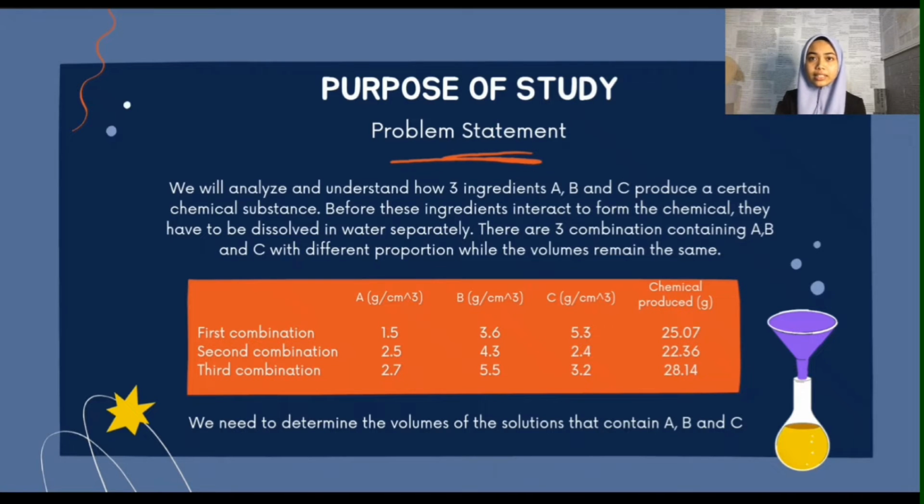Then, for the second combination, the proportions for A, B, and C change to 2.5, 4.3, and 2.4 gram per cubic centimeter and produce 22.36 gram of chemical. In the third combination, the proportions for A, B, and C respectively are 2.7, 5.5, and 3.2 gram per cubic centimeter, producing 28.14 gram of chemical. We need to determine the volumes of the solution that contains A, B, and C.